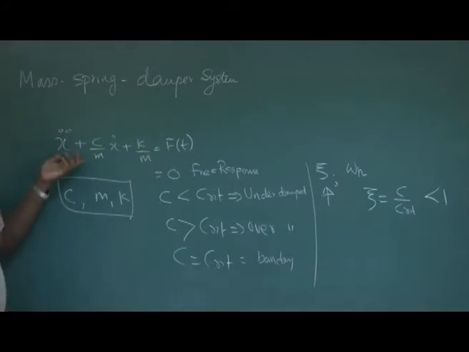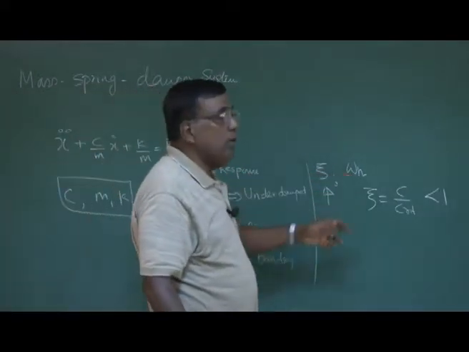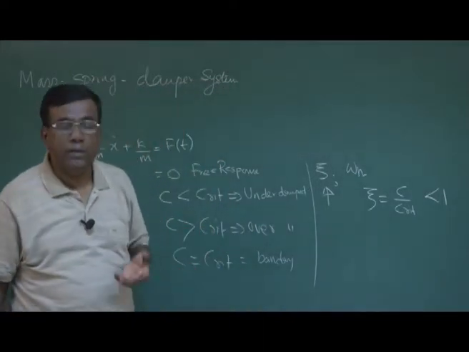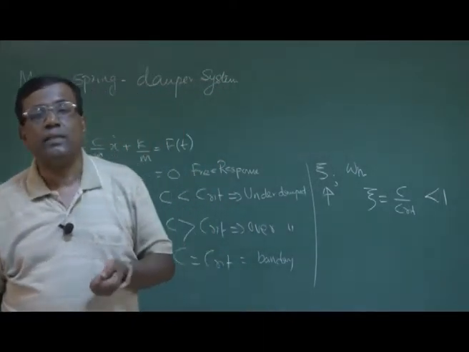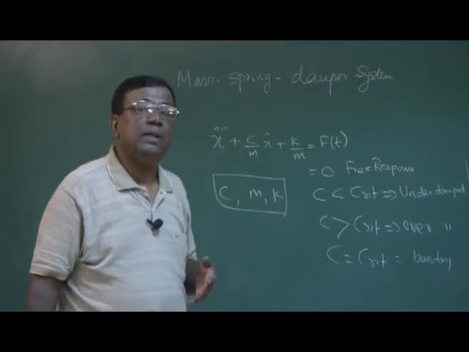We realize that we can transform this equation of motion using zeta and omega n, where omega n is the natural frequency, and natural frequency means the frequency of oscillation if damping is 0.